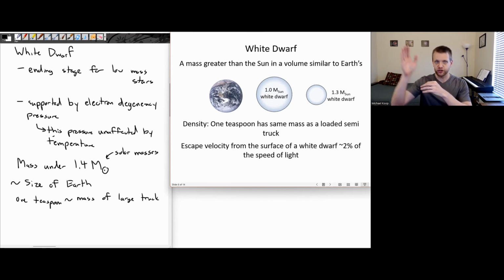If you wanted to launch yourself off of one, you'd have to be going at around 2% the speed of light to escape its gravitational pull. For comparison, the escape velocity of the Earth is around 11 kilometers per second. 2% of the speed of light is closer to 6,000 kilometers per second.